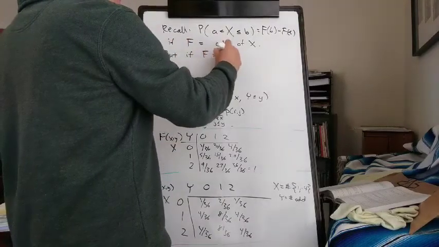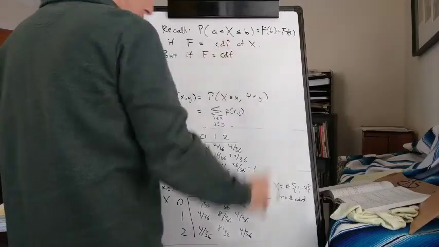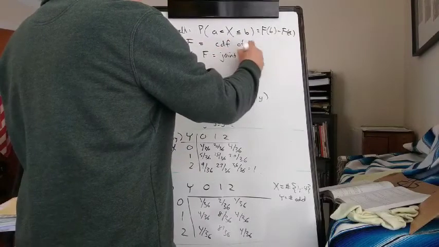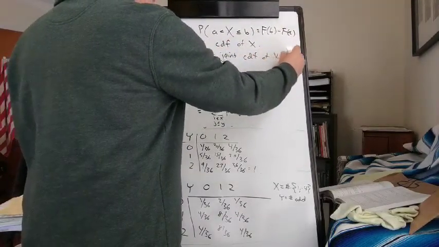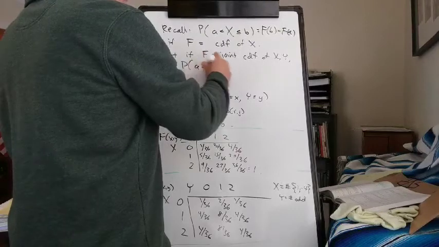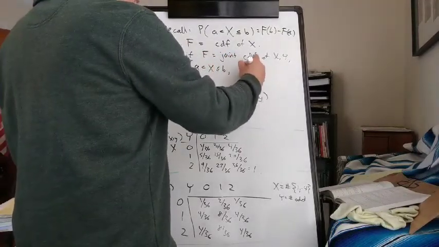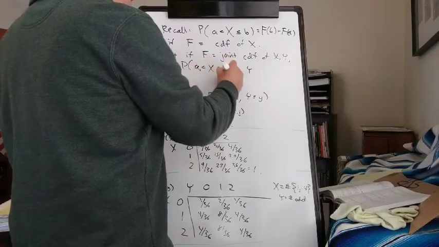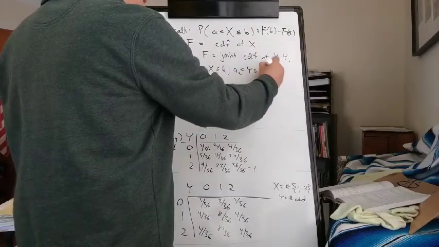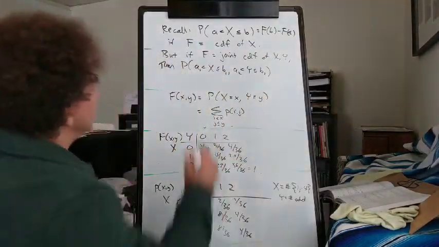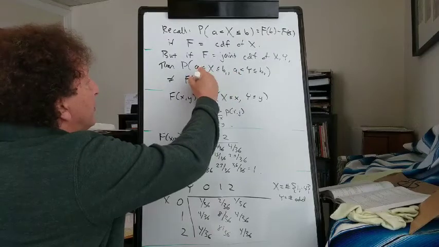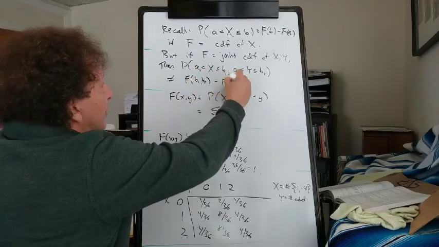But now if we use F to be the joint cumulative distribution function of X and Y, then the probability that X is between A1 and B1, not including A1, and Y is between A2 and B2, it's not just equal to F of the bigger numbers, B1, B2, minus F of the smaller numbers.